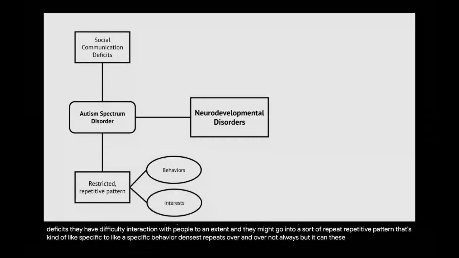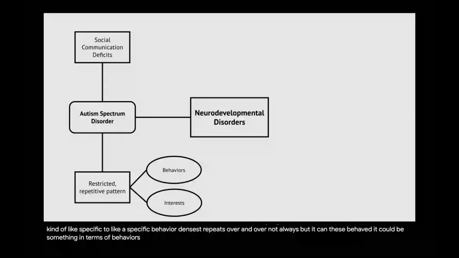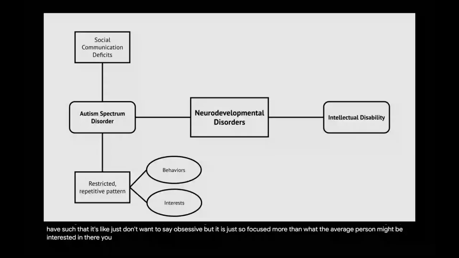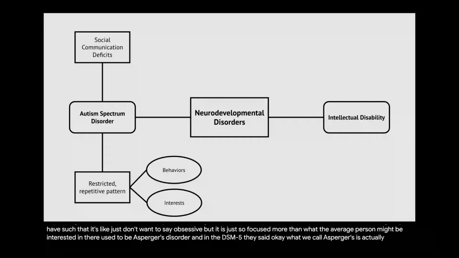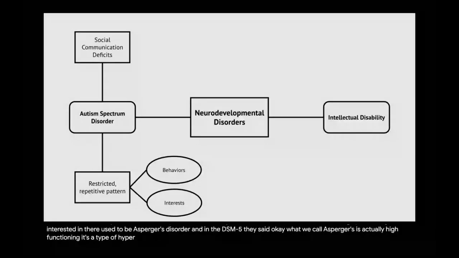It could be behaviors they do over and over, or they have such a specific interest in something, I don't want to say obsessive, but it's so focused, more than what the average person might be interested in. There used to be Asperger's disorder, and in the DSM-5 they said, okay, what we call Asperger's is actually a type of high functioning autism spectrum disorder.